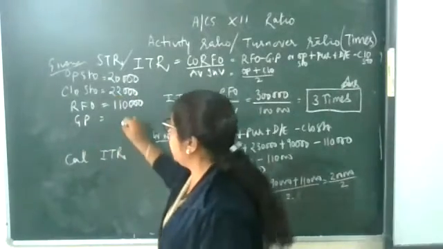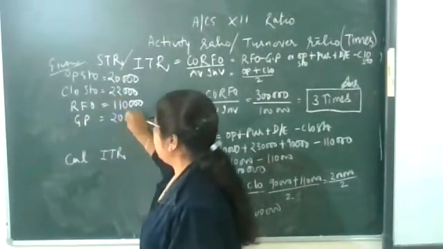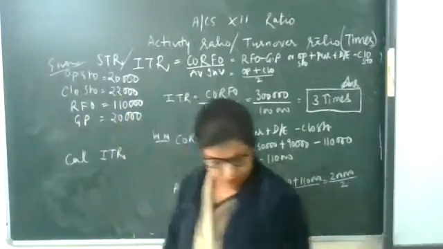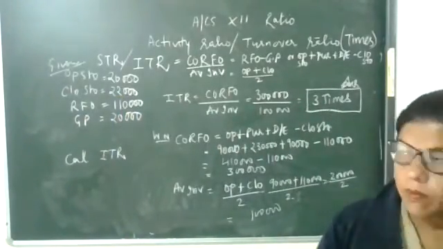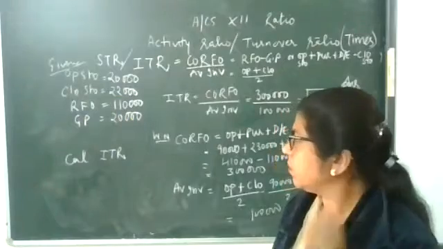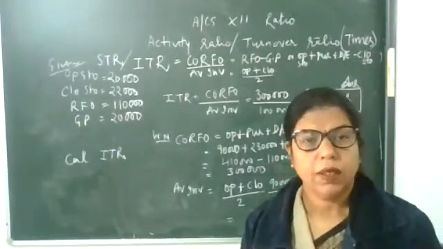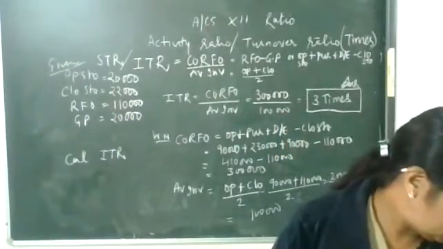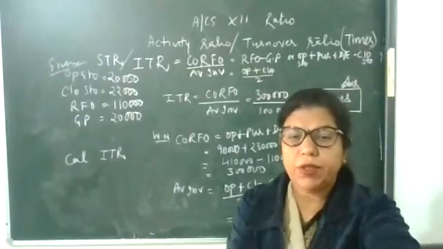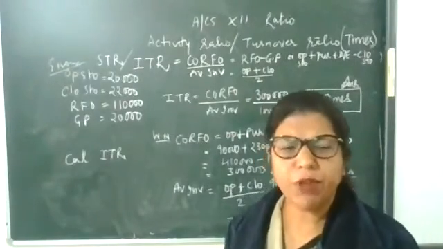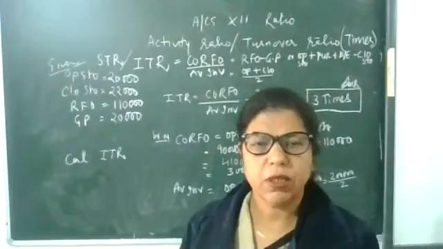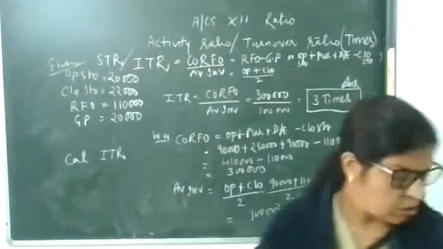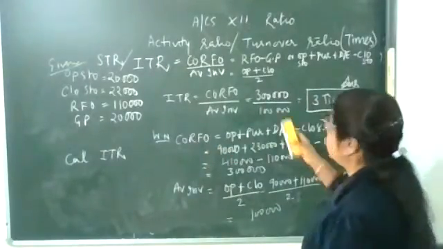Gross profit is 20,000. That question came in 2017 CBSE. Now the information is less in this type of question. So, see, shall I clean it?